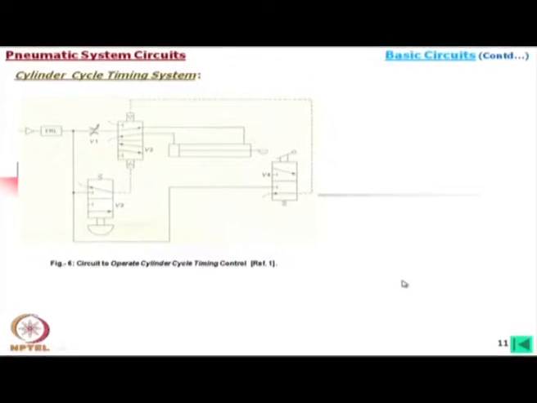In that case, if we first look into the system, this part is the same as before, and then there is a flow control valve, a needle valve, and then a direction control valve, which is pilot operated. Okay.